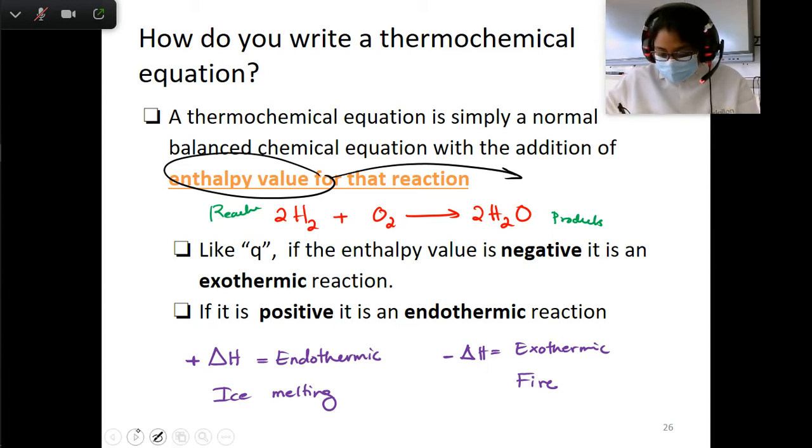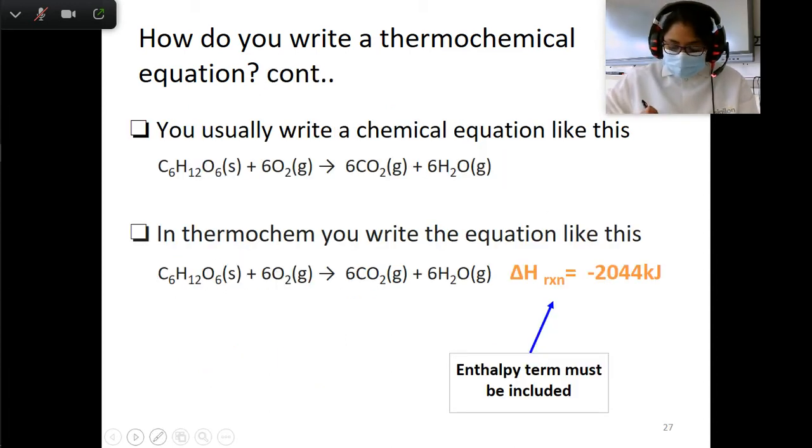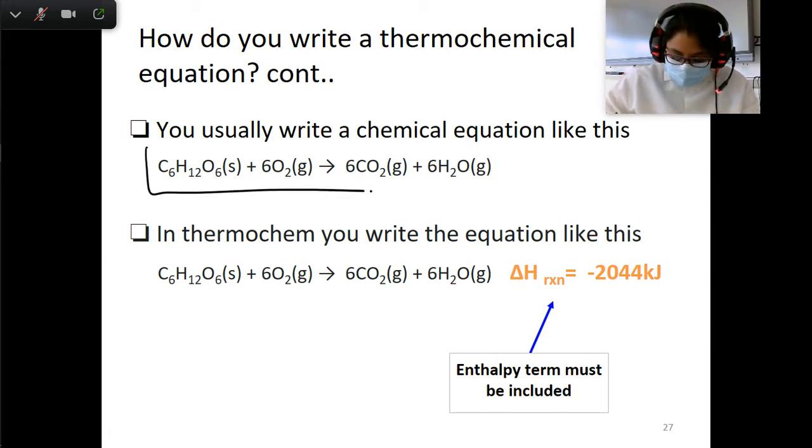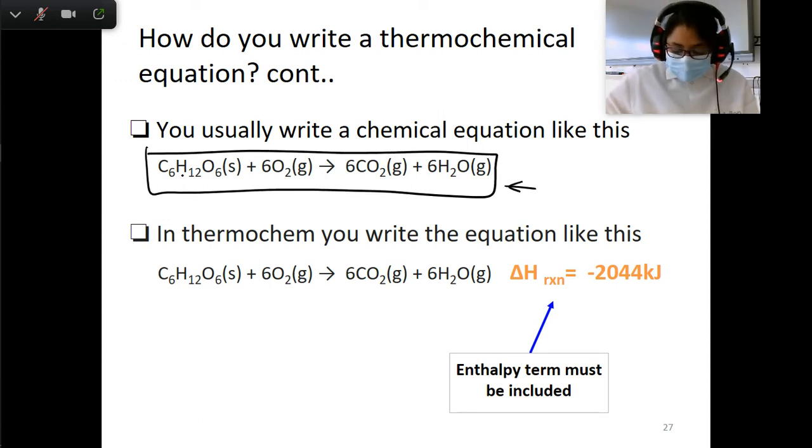Now here is what I was talking about. Here is the chemical equation. You should recognize this from last year. This is the equation for respiration. You have glucose and oxygen, which are the reactants, combining to produce carbon dioxide and water. That's just the plain chemical equation.